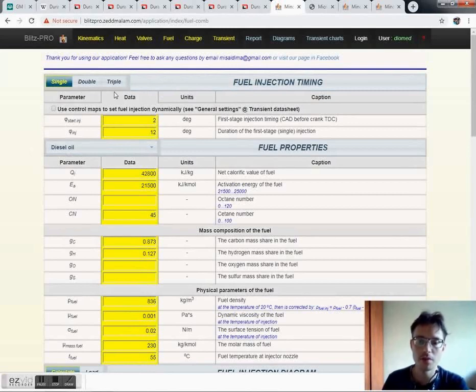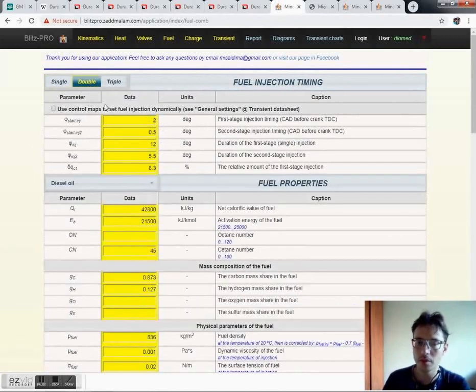We can switch to double injection, and we can inject some initial small portion of fuel just before the main combustion, and then the main portion of fuel.